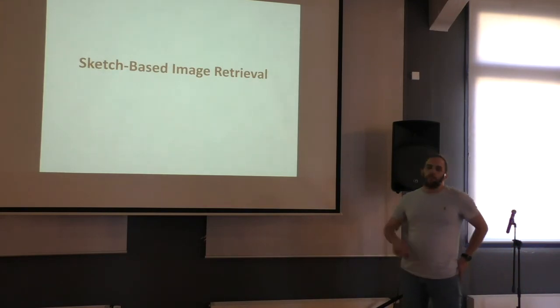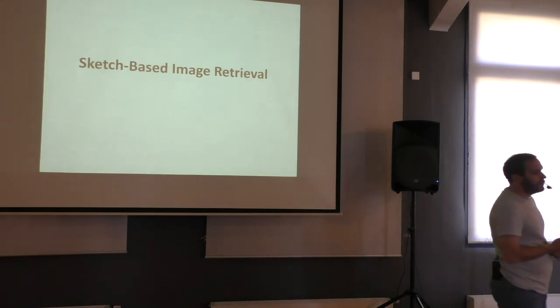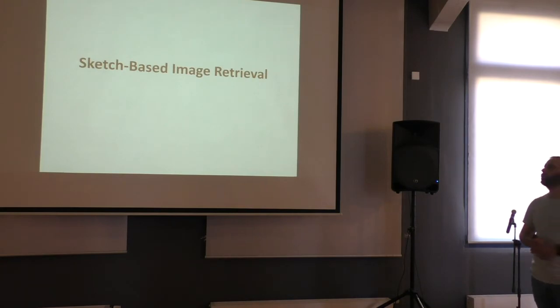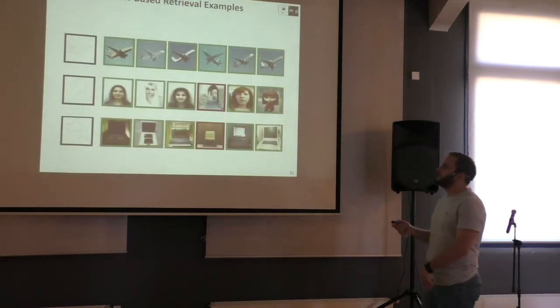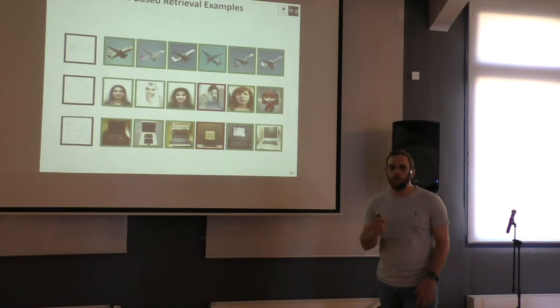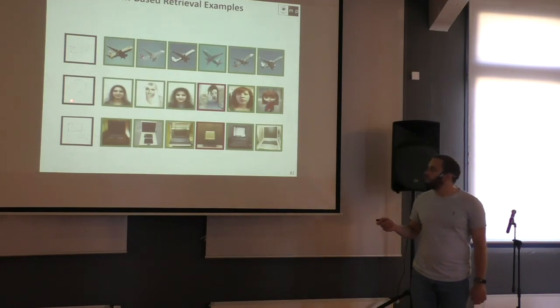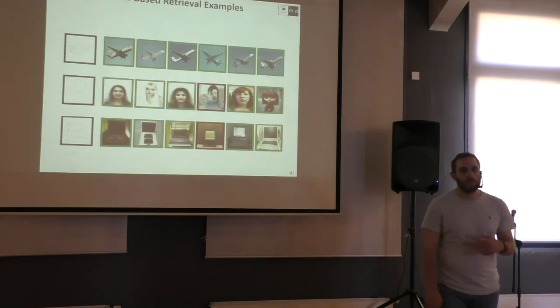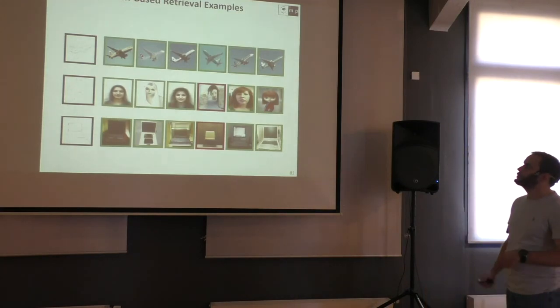So now, after we did CNN image retrieval, we tried to tackle the more complicated area of sketch-based image retrieval, where basically, it's a bit hard to see, but these are just sketches drawn. And using these sketches, we search only among images. We try to find images.